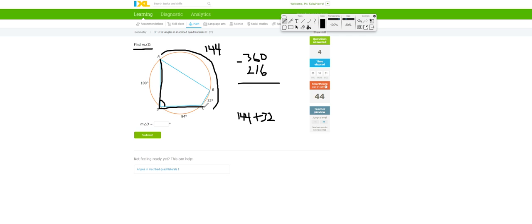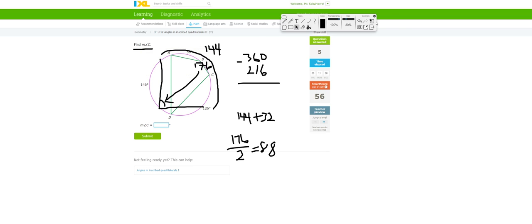So the whole arc is 176. Now to find angle D, remember angle D is an inscribed angle, and an inscribed angle is half the measurement of the intersected arc. So you will take 176 and divide it by 2 because the angle is half of the arc. That is equal to 88. So the angle is 88 degrees. My answer is 88 degrees.